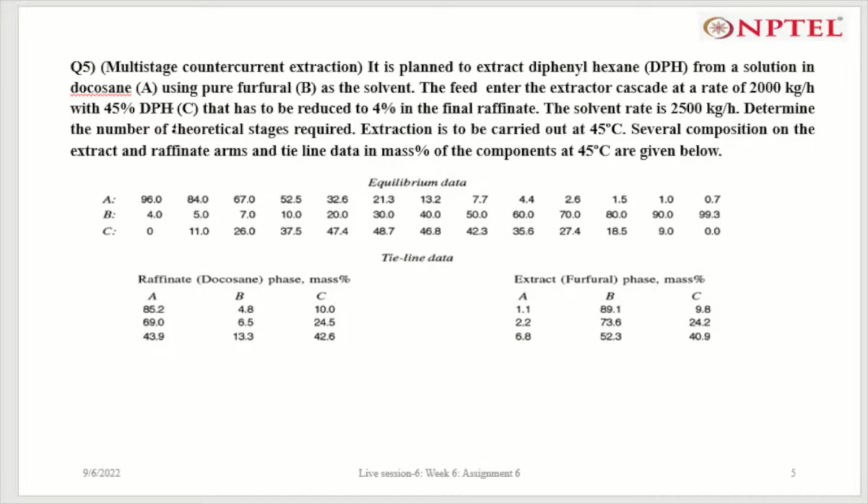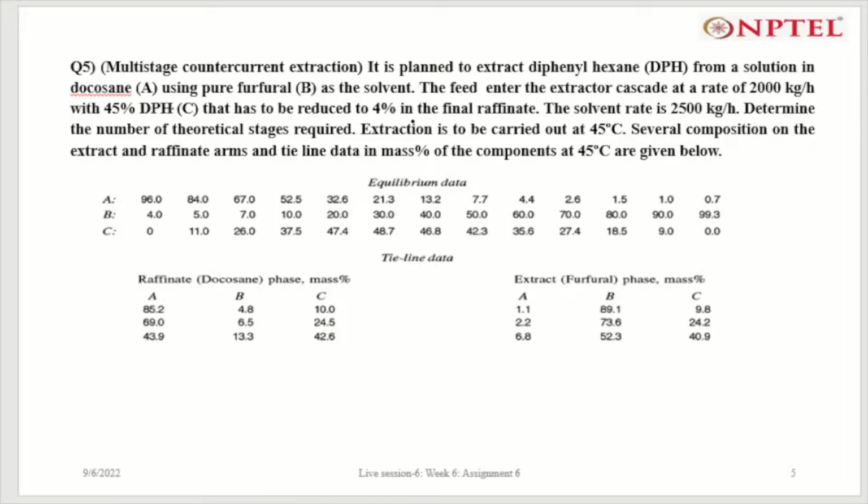Moving to question 5. This is based on multi-stage counter-current extraction. The statement is given. It is planned to extract diphenyl hexane (DPH) from a solution in kerosene using pure furfural as a solvent. The feed rate is given as 2000 kg per hour with mass fraction of DPH 45%.